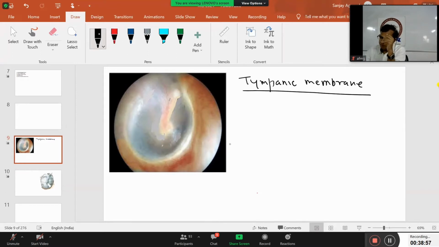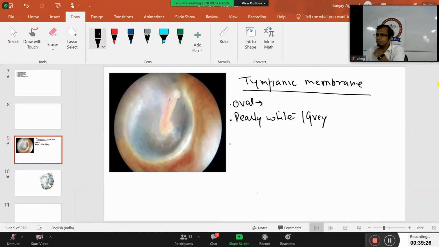The shape. The shape is described as oval. And what is the color? Pearly white. It's described as pearly white. This is the better answer, but grey is also acceptable.